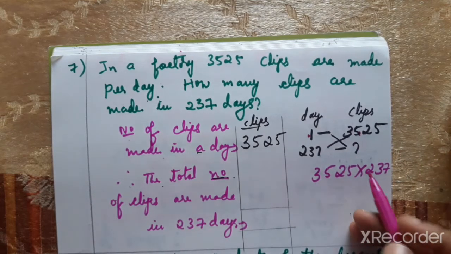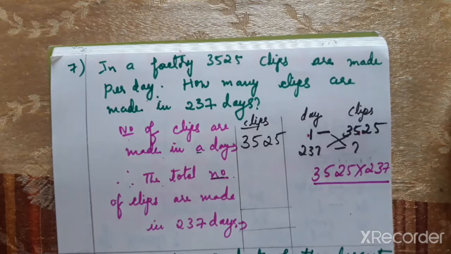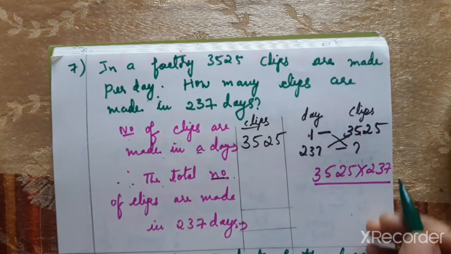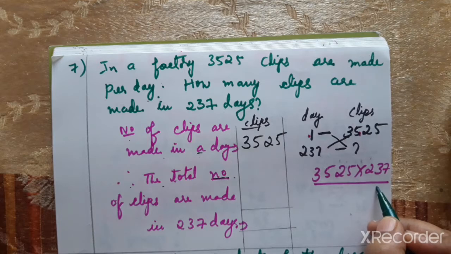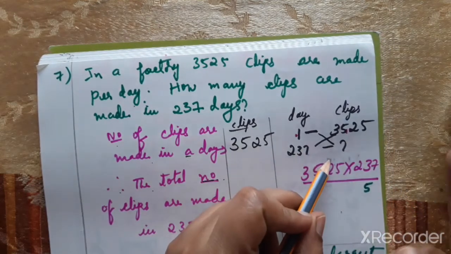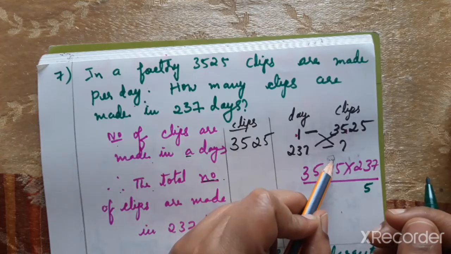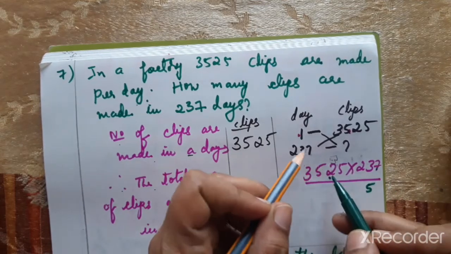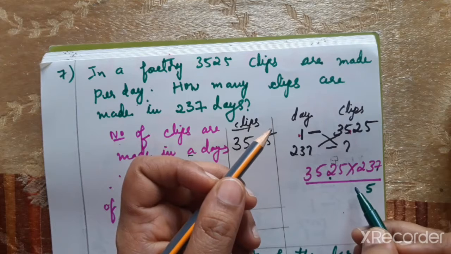Okay, first multiply. Now multiply this number. 7 5s are 35. 35 means 5, 3 carry out to the next place. 7 2s are 14. 14 plus 3 is 17.